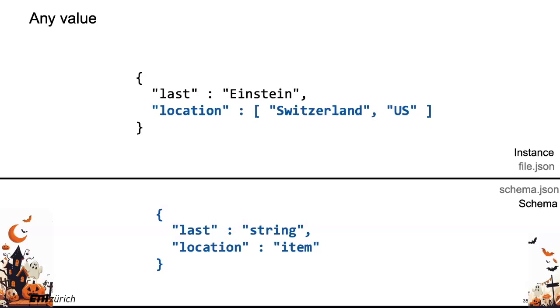Well, the way you do that, the whatever is called item in the JSound and JSONiq universe. So if you say the location is item, it will just accept anything. It's basically absolutely anything in there. So here it turns out to be an array of strings, but item just means anything. It's whatever.